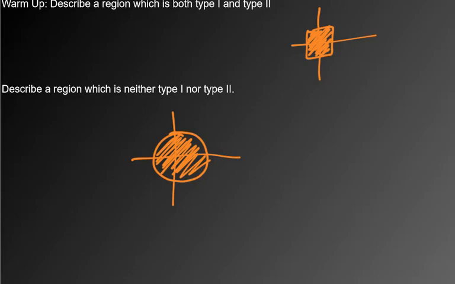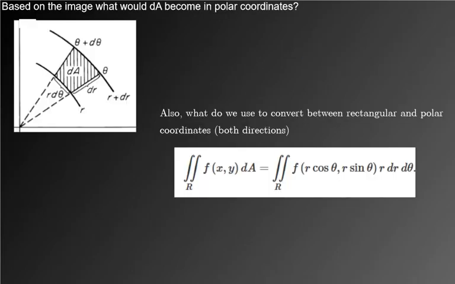You can't just, this is some sort of implicitly defined function, and you could split it up into a plus and minus square root thing and do it that way. But there's actually going to be a better way when these things are neither type 1 or type 2, and that's what we're going to get into today, and that is polar coordinates.